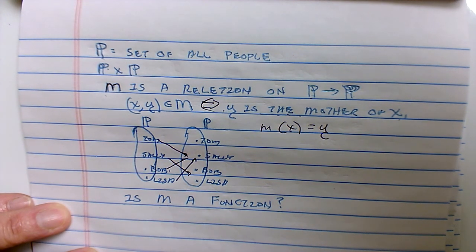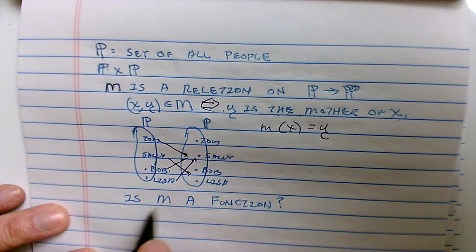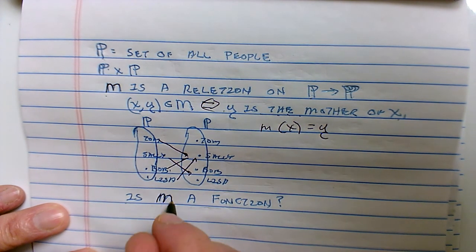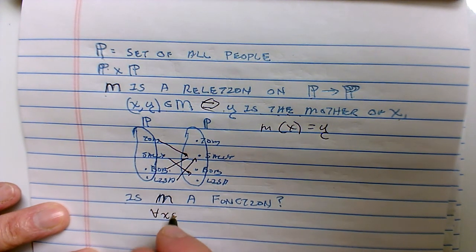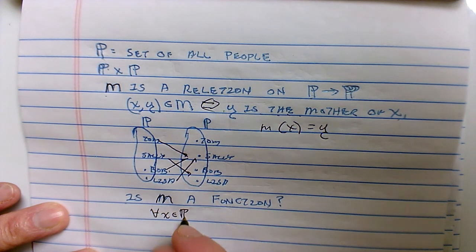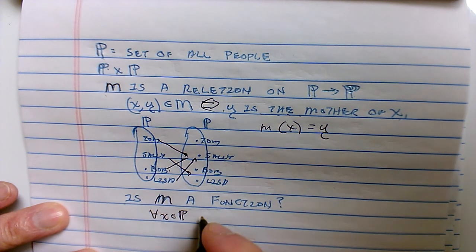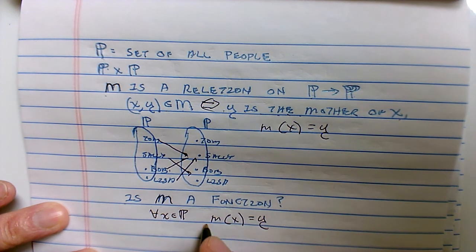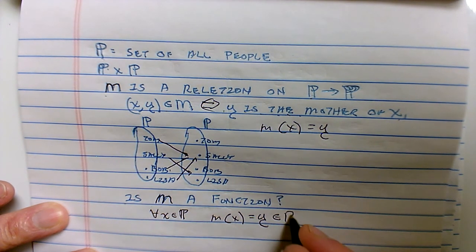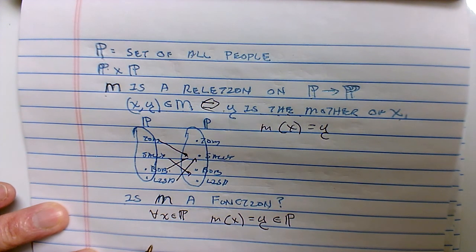So now my question is this relation, and it is a relation because it's defining a relationship between any two people in the set of all people, is this relation M a function? Does it meet the two criteria? Well, the first criterion is that for every element of the set of all people, when we take M of X, we're going to get something in the set of all people.